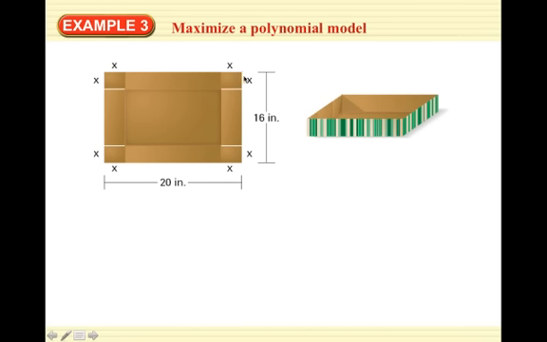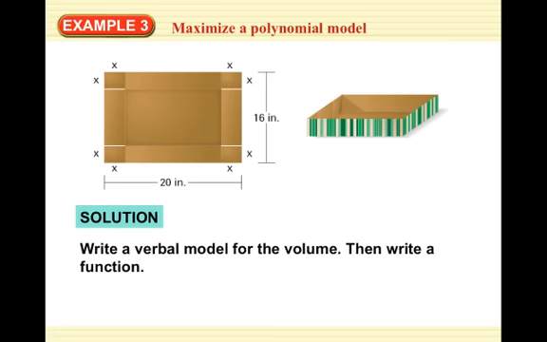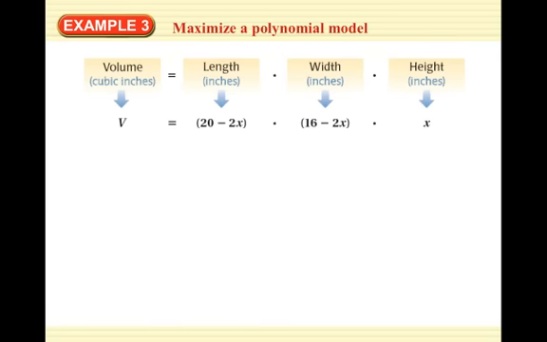We can't go negative inches. So really, we're looking at x being somewhere between 0 and 8. That's just a good thing to keep in mind. So if you end up with a negative solution, you can reject it. If you end up with x equals 13, you can reject it because there's just not enough inches in the width. Write a verbal model for the volume, then write a function.